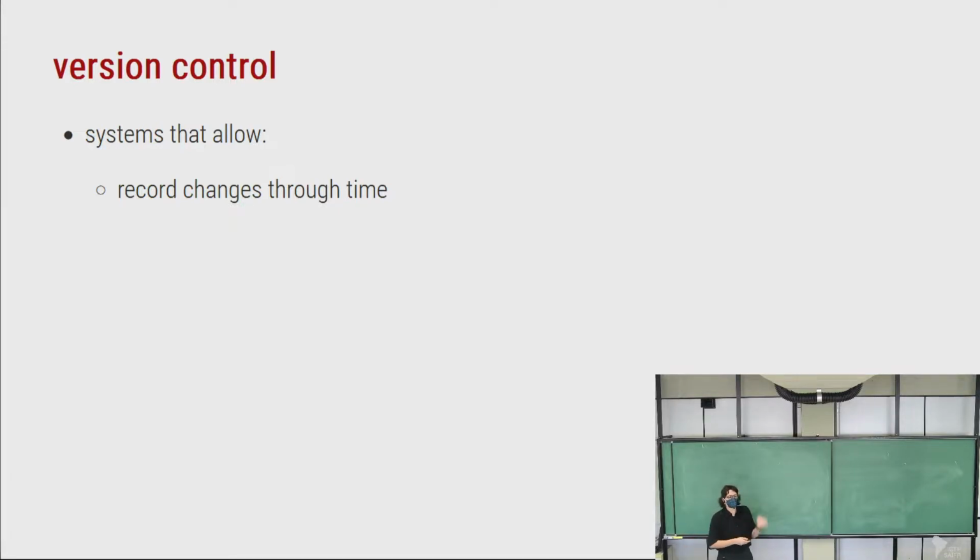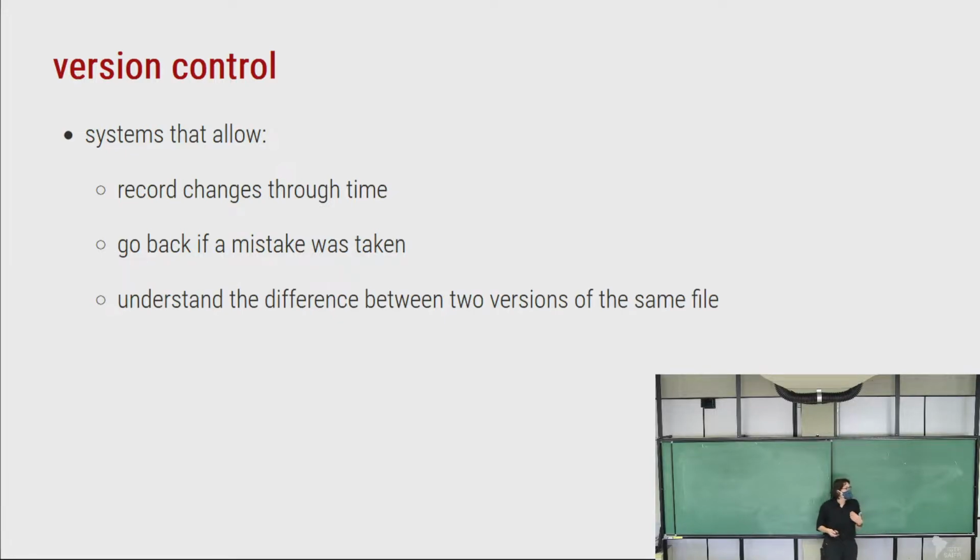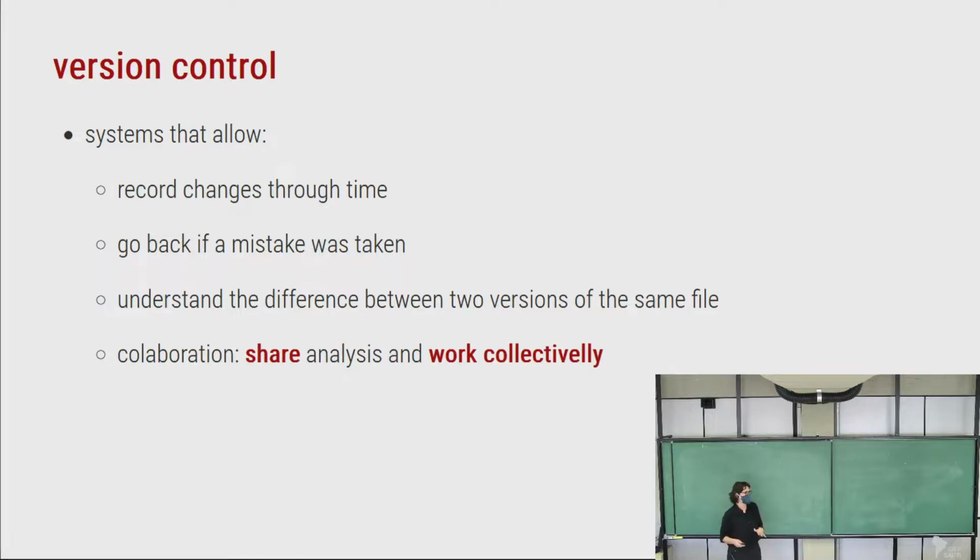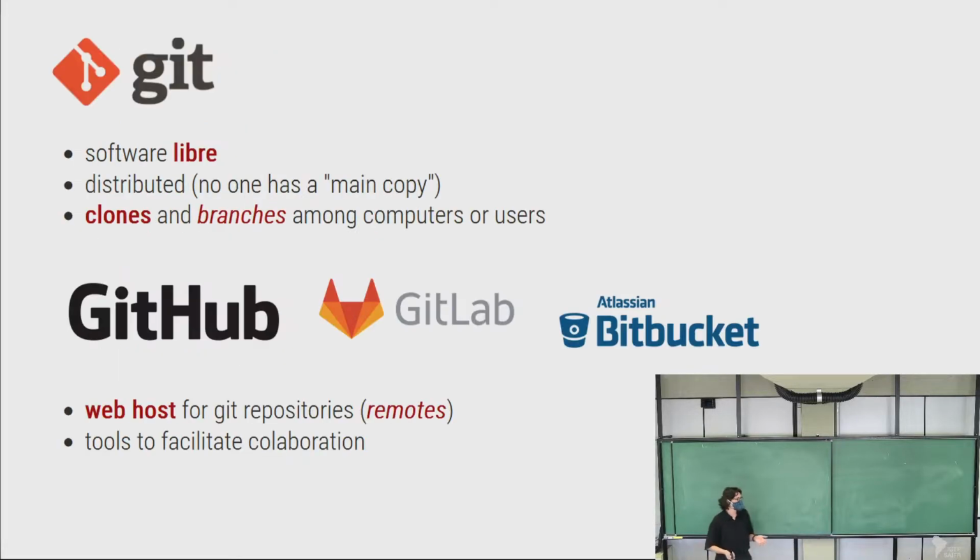We can easily go back if a mistake was made, and we can easily understand the difference between two versions of the same file. And it's a really good tool to share analysis and to work collectively.